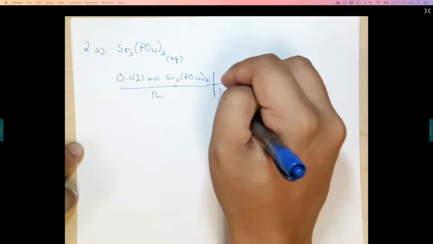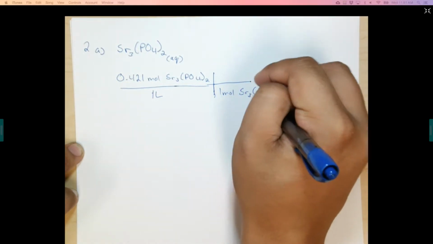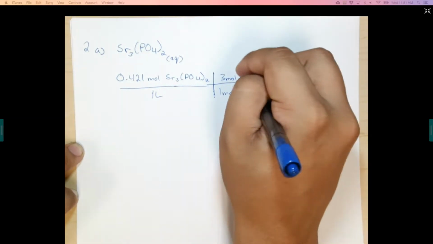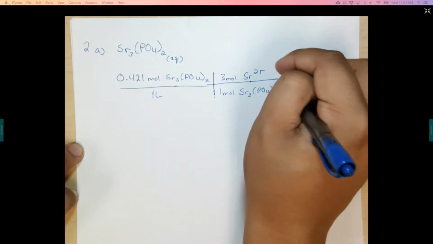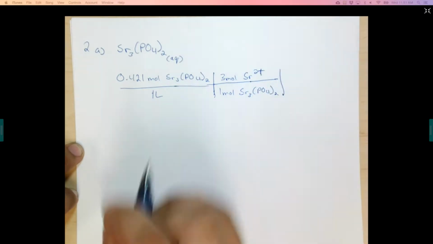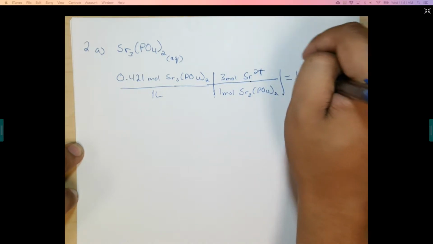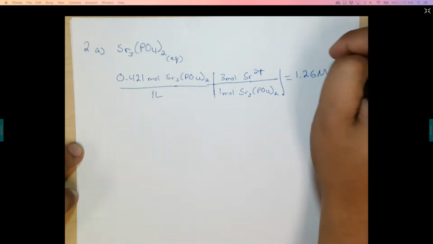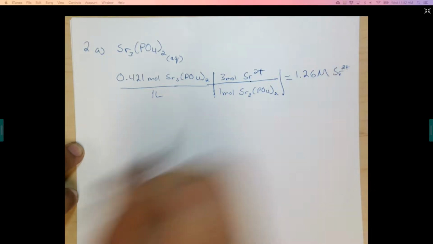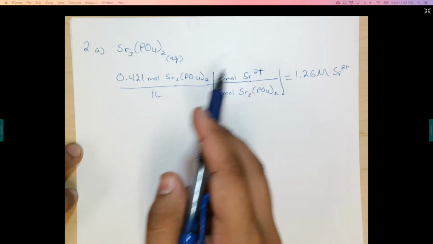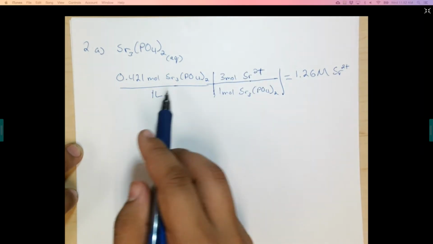For every 1 mole of strontium phosphate, there are 3 moles of strontium 2+ ion. So effectively we have 0.421 times 3, which is 1.26 molar strontium. We needed the formula to determine how many strontium ions per 1 mole, based on the molarity of the solution.